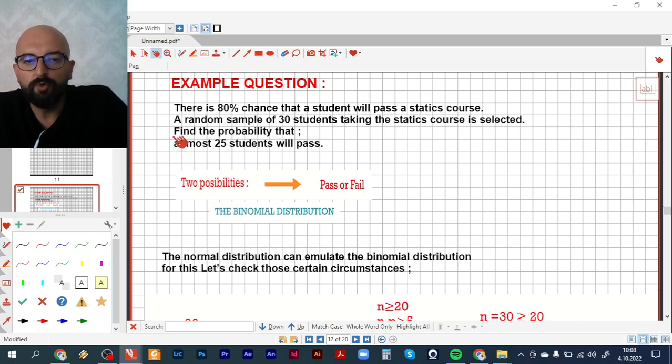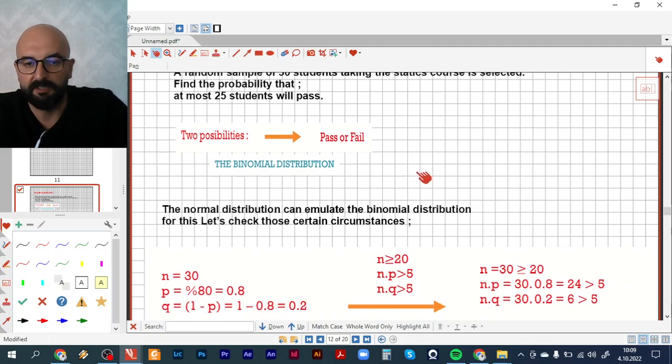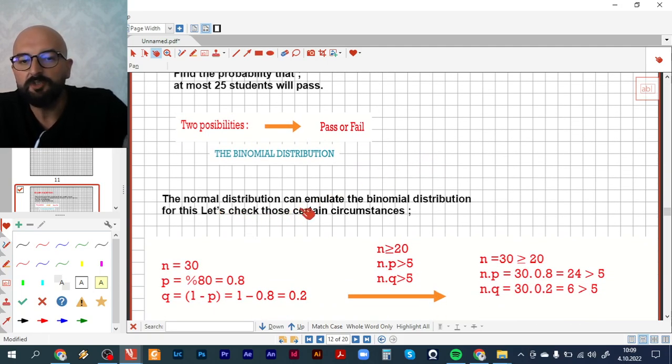If you look at this question, you have two possibilities: pass and fail. So this distribution is a binomial distribution because we have two possibilities. The normal distribution can emulate the binomial distribution.